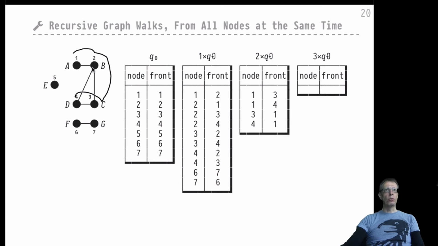But we knew this already. 1, 4 was already known knowledge, and it won't be included in the result of the third iteration. Indeed, no row is included in the result of the third iteration, because everything that was known already has already been found.